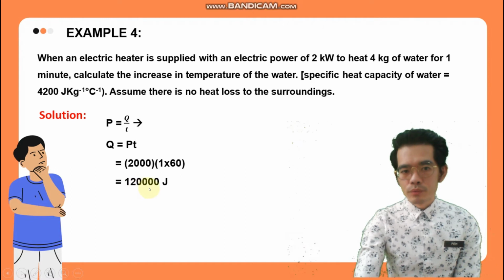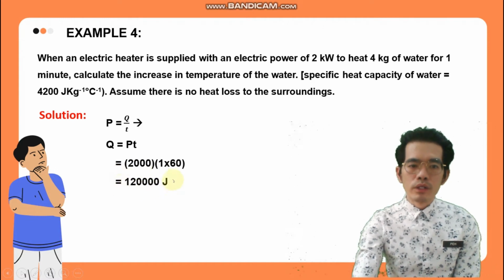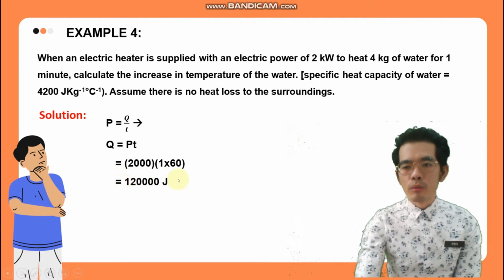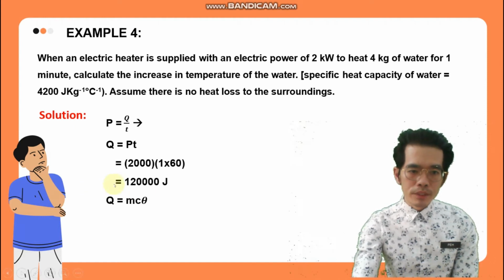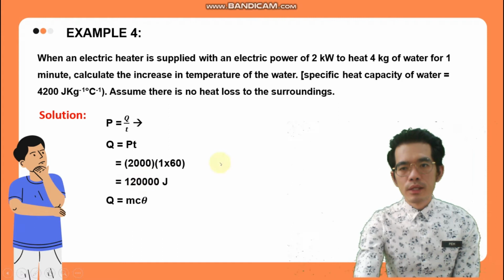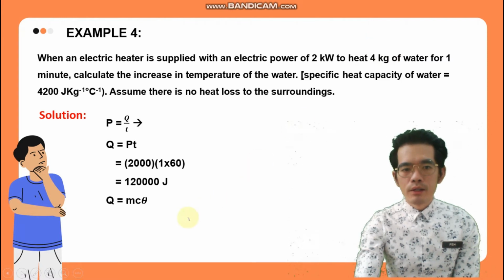000 joule. Now we get the value Q, and we use the formula of specific heat capacity, which is Q equal to mc theta. We substitute Q with 120,000, M with 4 kg, and for the temperature change theta, this one we need to find out.